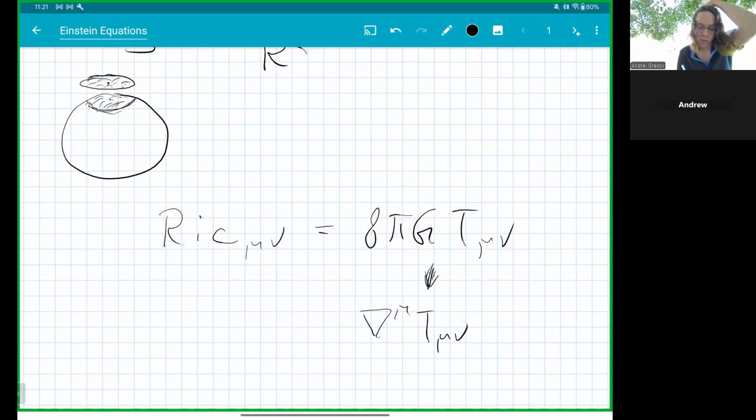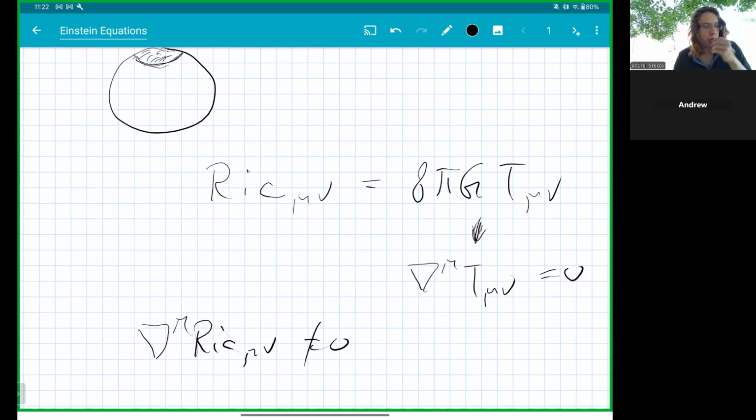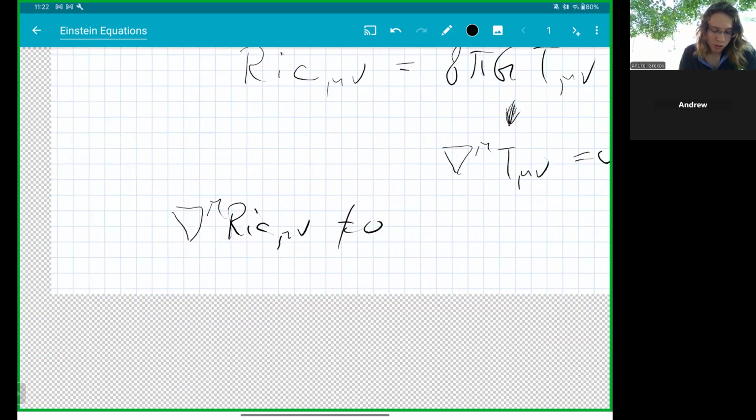Basically, the energy momentum tensor satisfies continuity equations, right? Energy could not be created out of nowhere. It could only flow. But the Ricci tensor does not satisfy it. And in some sense, there is a simple geometric meaning for it.